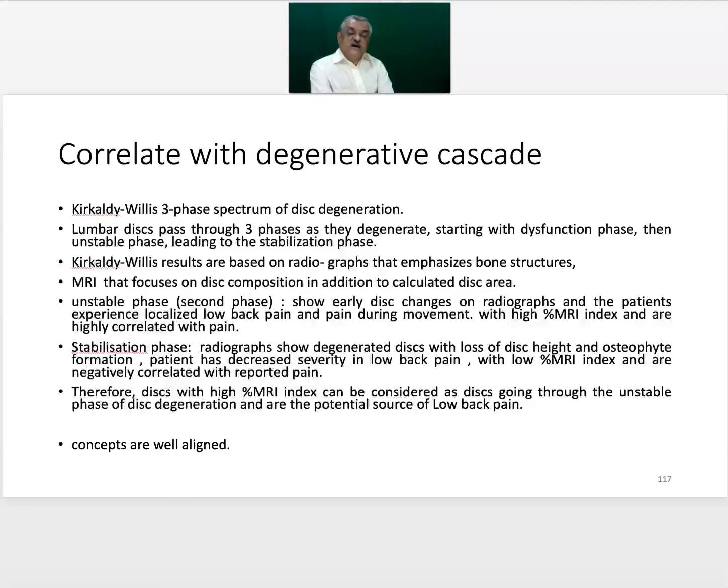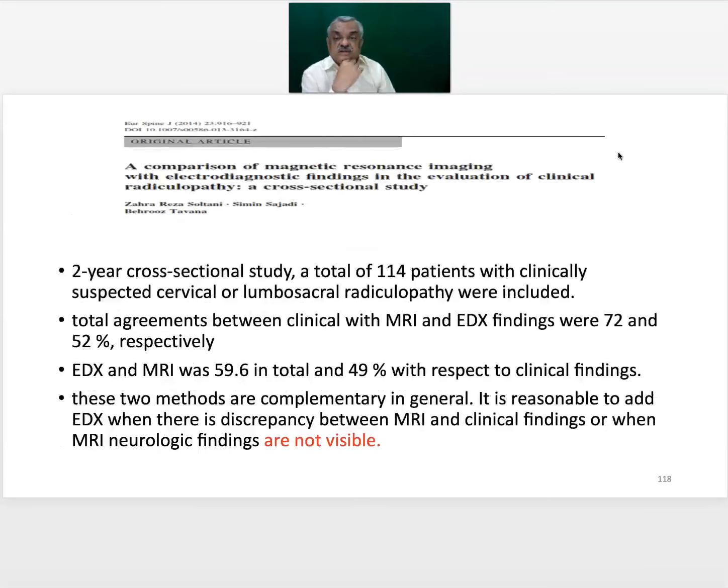Therefore, a disc with high percent MRI index can be considered as a disc going through the unstable phase and is the potential cause of low back pain. So these are well aligned concepts with our traditional concepts that in the unstable phase the pain would be there, in the stabilization phase the pain would slowly settle down. The main thing is we now have this MRI study.